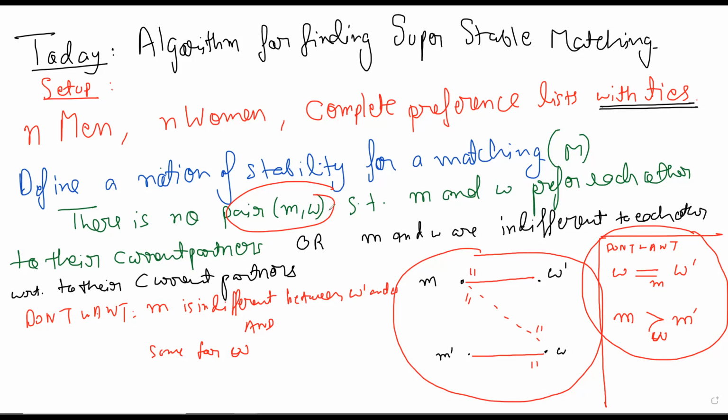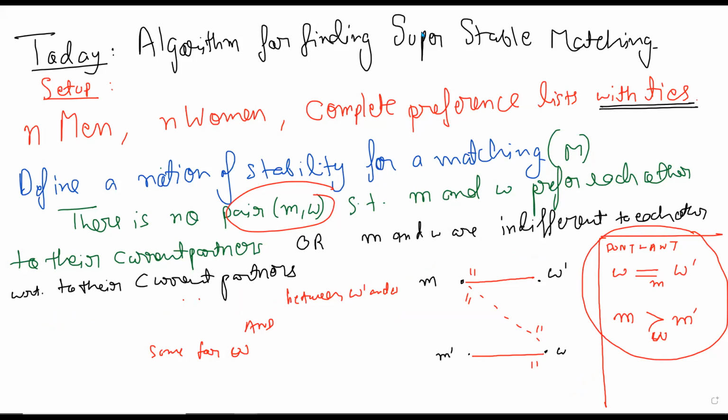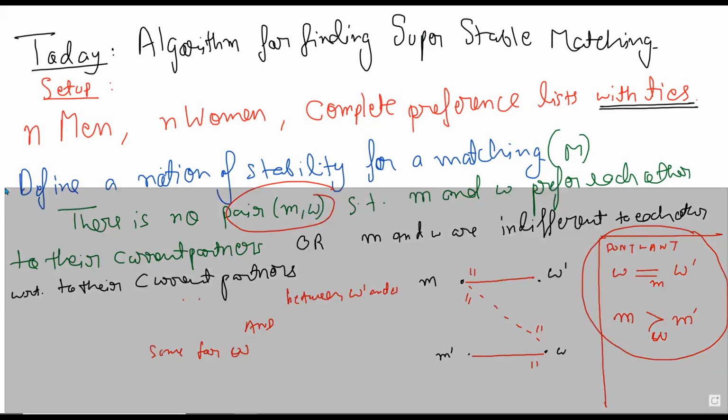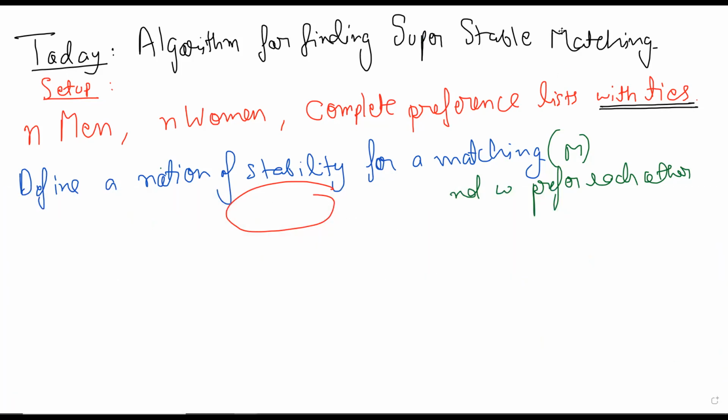Blocking pair means M comma W, which can create some sorts of instability. We understand them. Now we can just put it in the definition. So let's now write a crisp definition so that we can work with it.